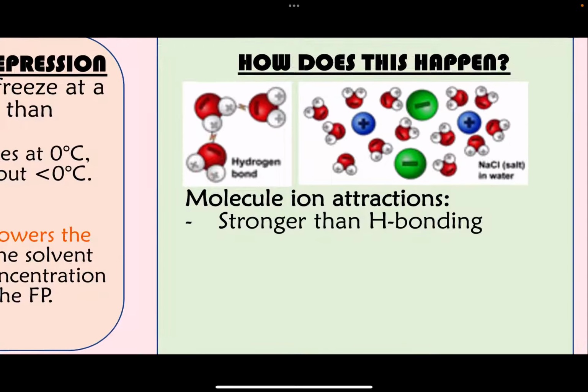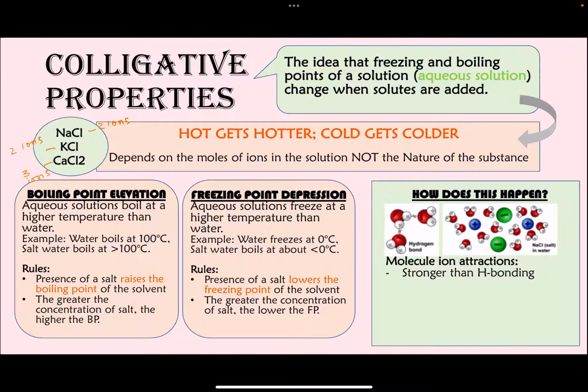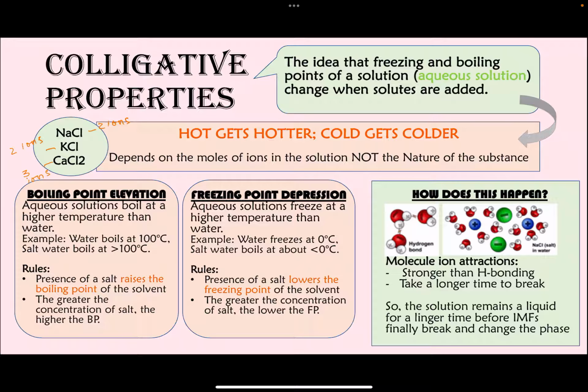And the thing to remember about these attractions is that they are even stronger than the hydrogen bonding. And these are a type of intermolecular forces, by the way. So they take a very long time to break. So the more time it takes to break them, the more time it takes for us to boil or freeze the substance that we are trying to boil or freeze.